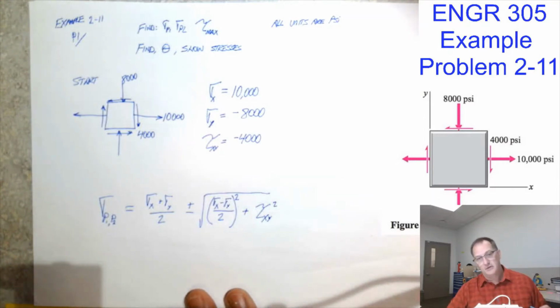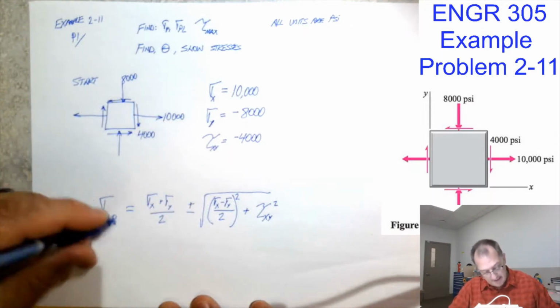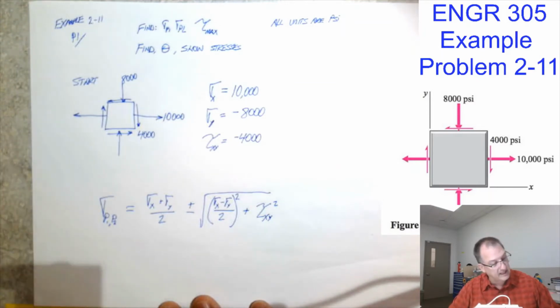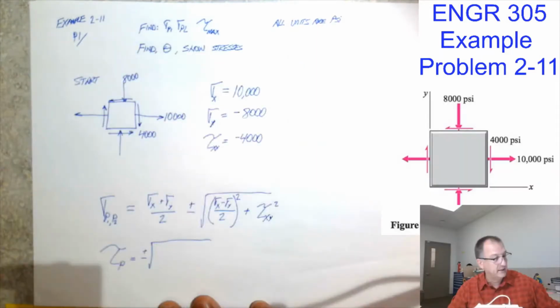Now, a lot of you are going to be inclined to punch in all the numbers and solve all of that. I'm going to give you a trick that just seems to make sense. If we write down our second equation, which is the shear equation, the principal shear, that's equal to plus or minus this term under the radical, right?